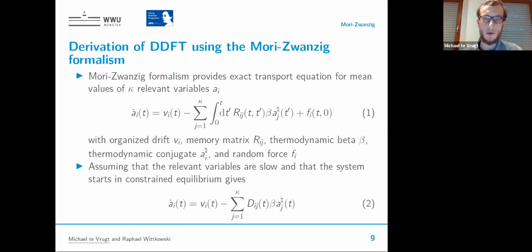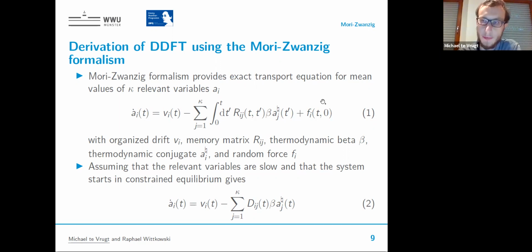And how this works in the Mori-Zwanzig formalism in general: I'm focusing here on Hamiltonian systems, but the formalism can also be applied more generally. You choose a set of relevant variables, and their mean values A_i are then governed by this transport equation. The first term is the organized drift, which is the reversible part of the dynamics. Then we have a memory term governed by this memory matrix, and then we have a random force, or in this case, a mean random force.